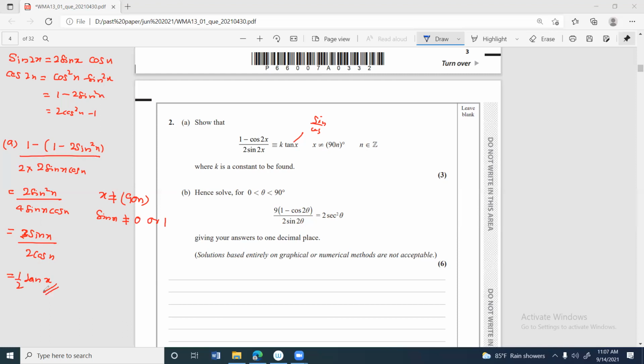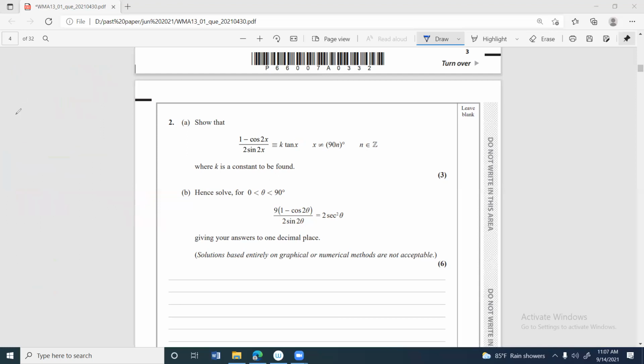Right. Then let's see how to do part B of this question. So I will remove this part of the answer. Hence, solve this one. So now you can understand that this part is similar to the value over here.